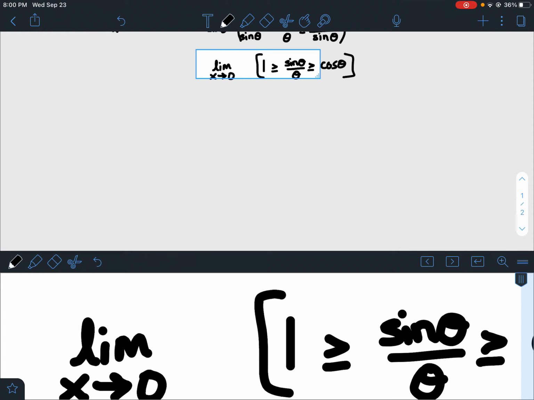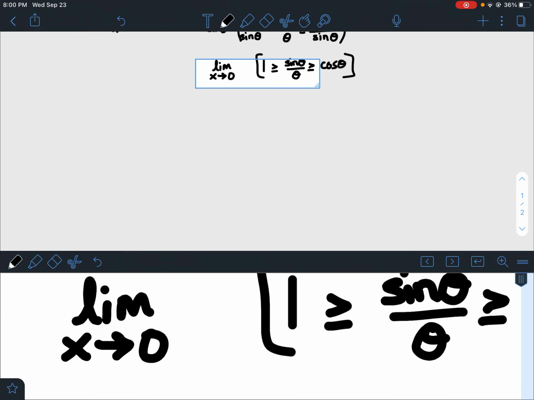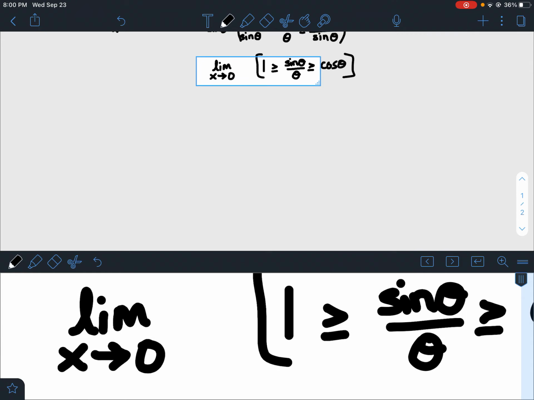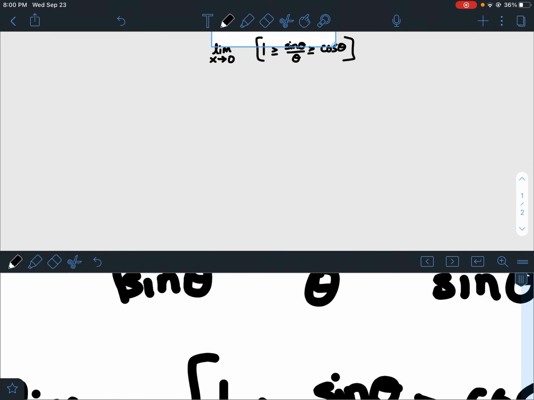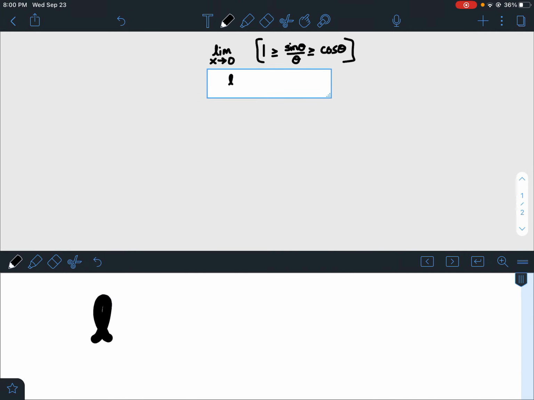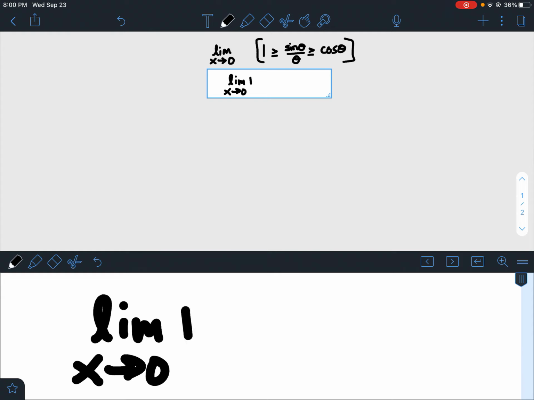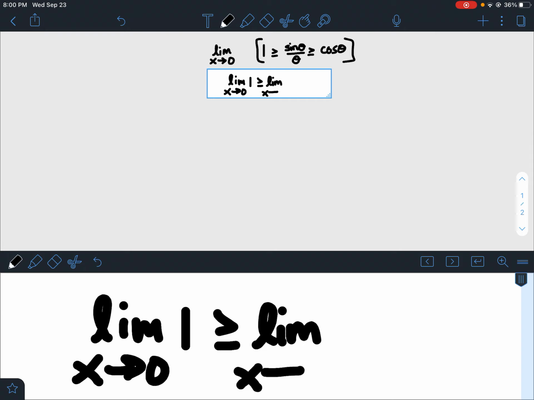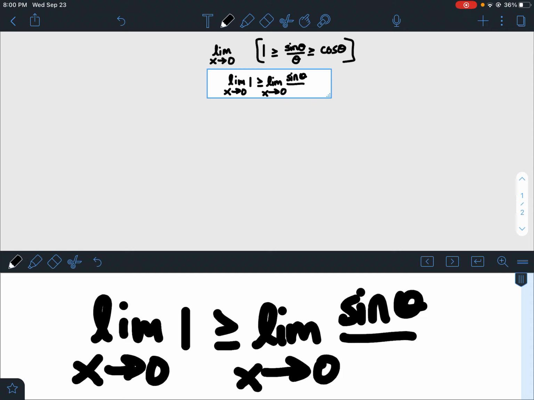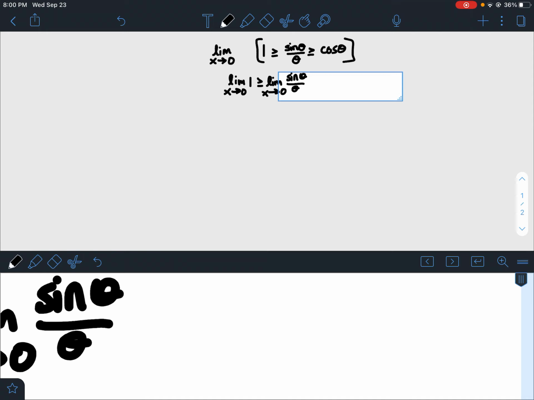So once we have the limit as x goes to 0 of 1 is greater than or equal to the limit as x approaches 0 of sine of theta over theta.